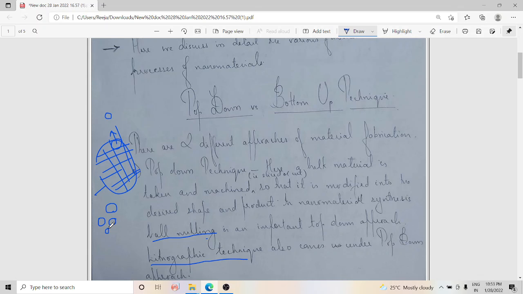In the process, the precursor material gets broken down into nano-sized particles and you get the nanomaterial. Now, the lithographic technique is another example of a top-down approach. Lithography we'll be discussing later.